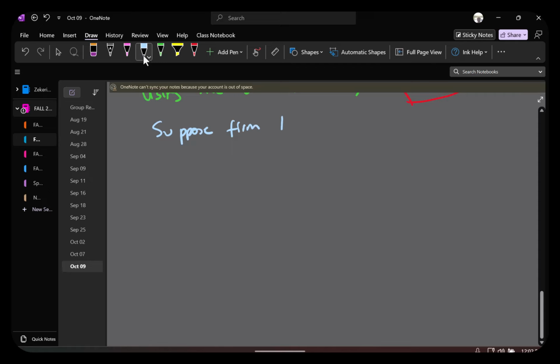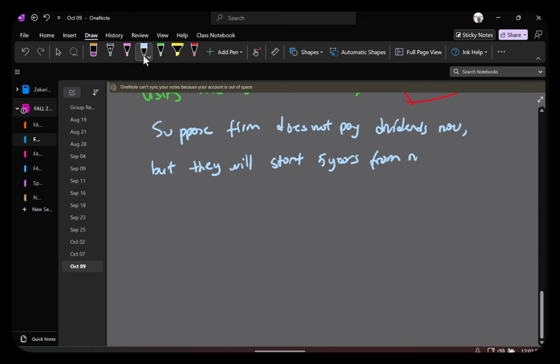Suppose a firm does not pay dividends now, but they will start 5 years from now at $2.